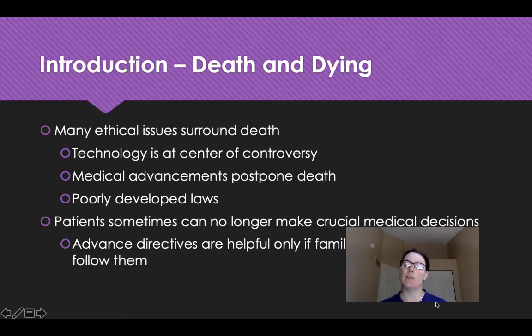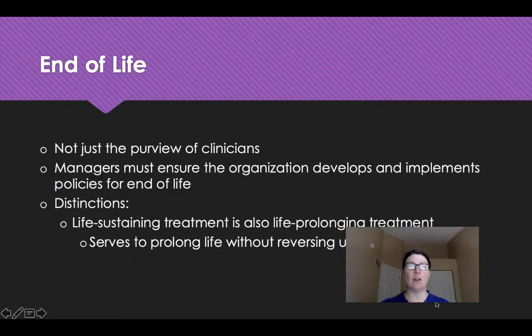We need to make sure that we have better laws that govern these types of things. And make sure that if we are unable to make decisions, which if we are in that situation, obviously we would, that we have the appropriate information in place for our families and our caregivers to follow with regard to our care moving forward. So end-of-life type decisions are not just the purview of clinicians.